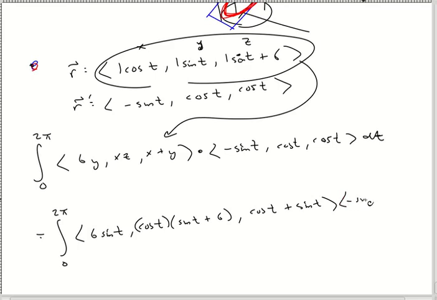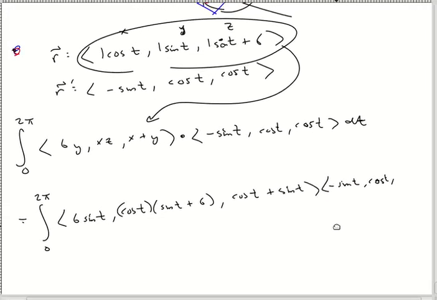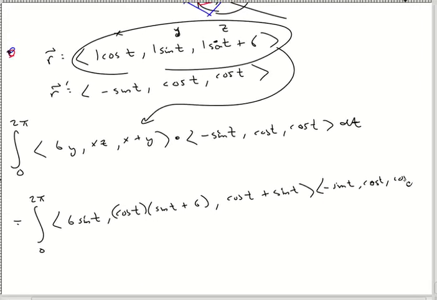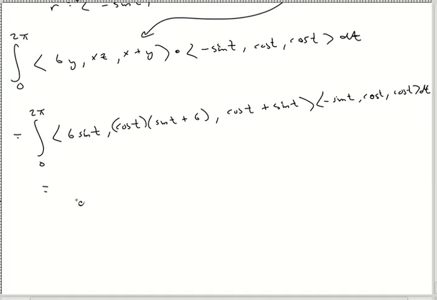Whew. Almost there. Cosine. Running out of room. Another cosine. Okay. So multiplying all this together is going to be one really big mess. But let's go for it here. I got these guys at the very ends.